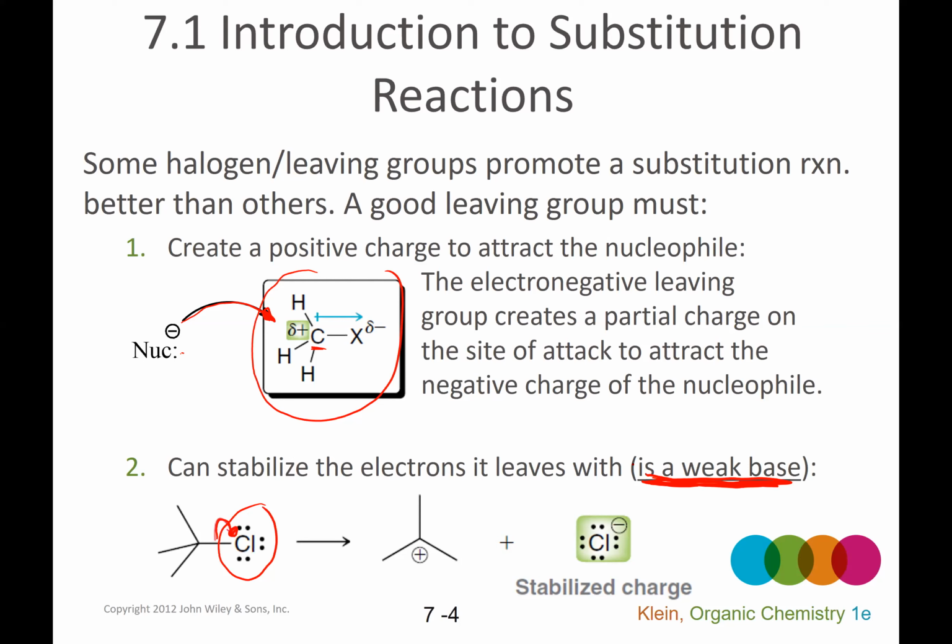Because it's a weak base, it doesn't bind tightly to the carbon. If the group was a strong base, it would bind tightly and it would have a hard time of leaving. So in general, good leaving groups are weak bases. And we'll see there are other groups that can be leaving groups that aren't halogens. I'm going to show you that in the next slide.